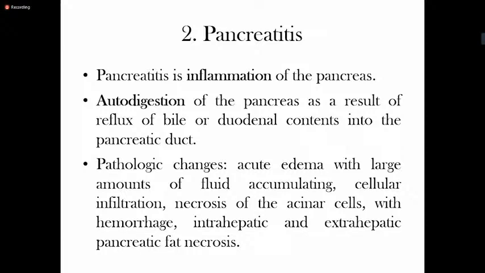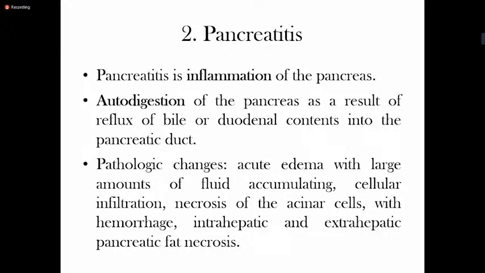Pathological changes that occur in this disease include edema, with large amounts of fluid accumulating. There is also cellular infiltration. There is necrosis of the acinar cells, and sometimes there's hemorrhage, and this hemorrhage is intrapancreatic or extrapancreatic.